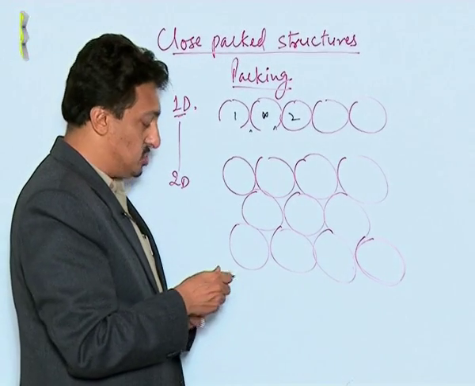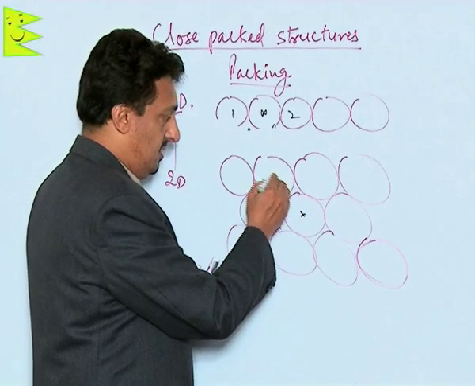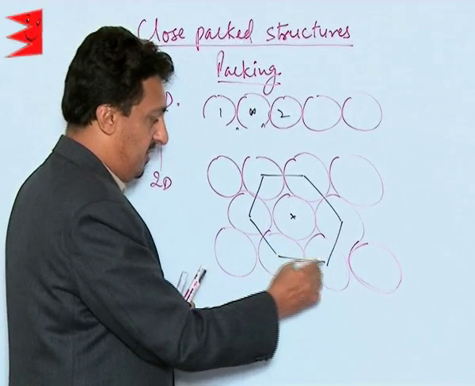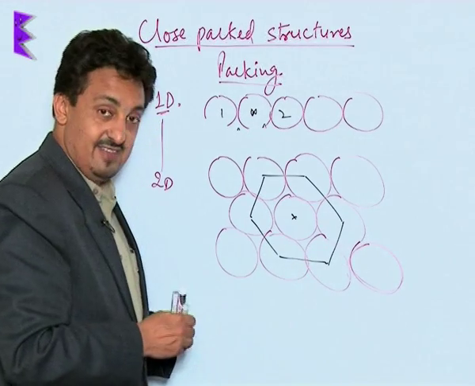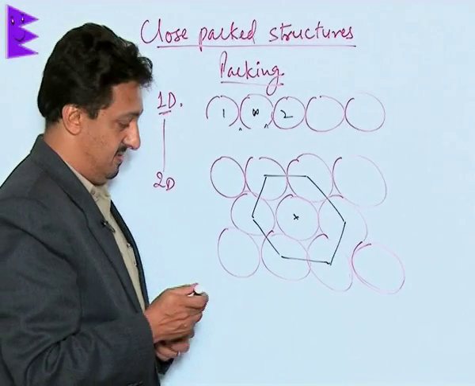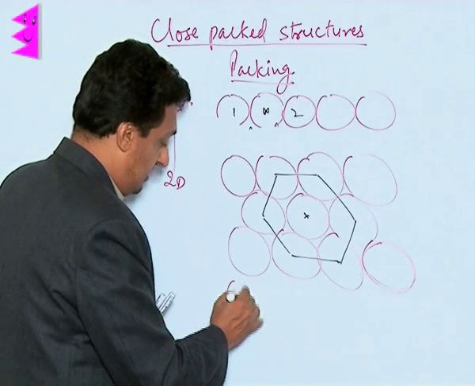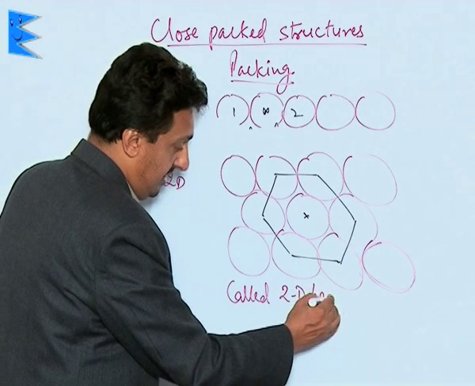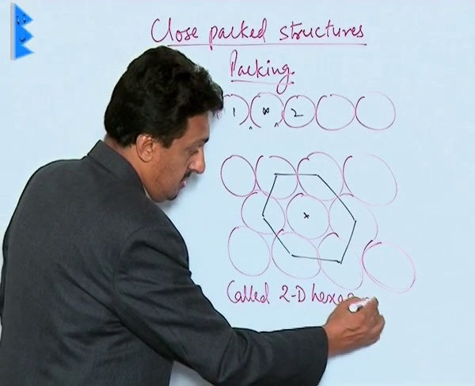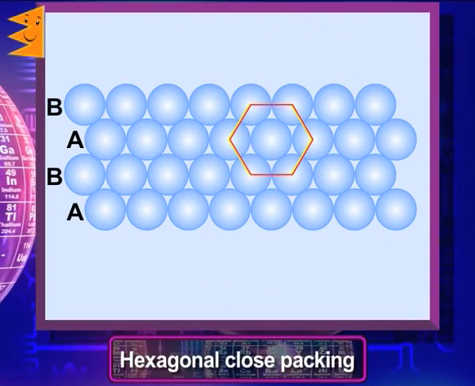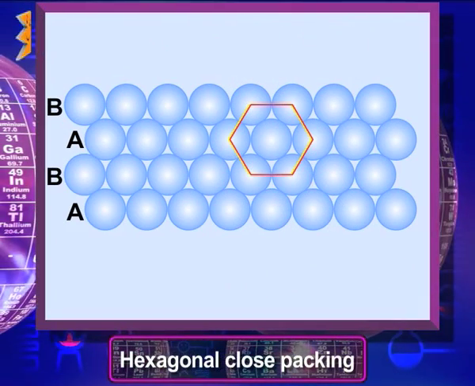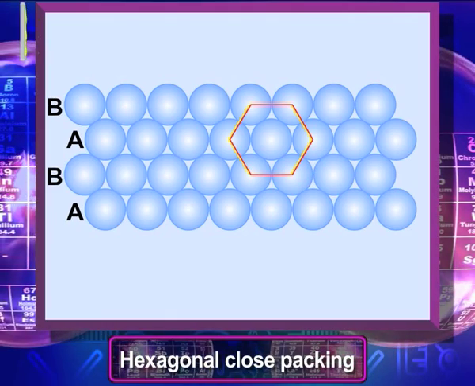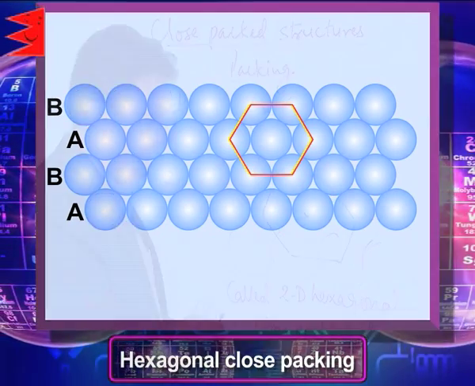Now in this, if we join the centers of the particles which are surrounding a particular particle, we find that these particles are arranged in a hexagonal manner. Therefore, this packing is called two-dimensional hexagonal close packing. It's called HCP.